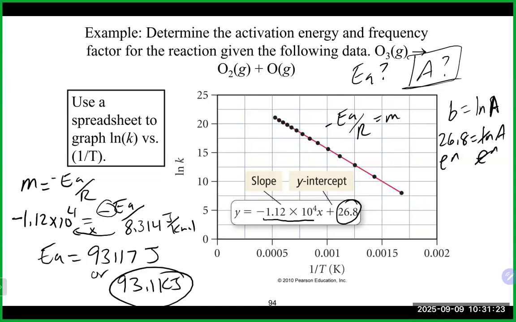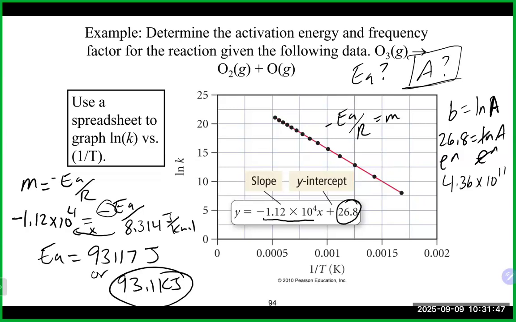That gets us e to the 26.8, which is 4.36 times 10 to the 11. Usually a fairly large number, as it's a proportion of molecules. There are a lot of molecules happening in a reaction.